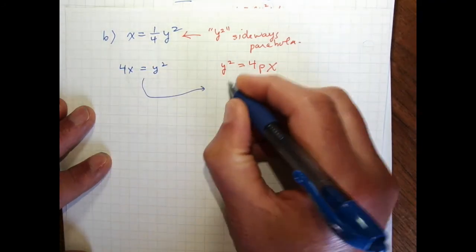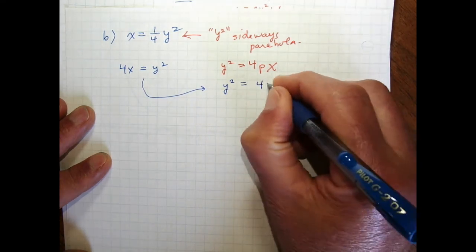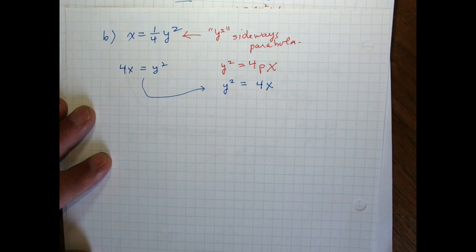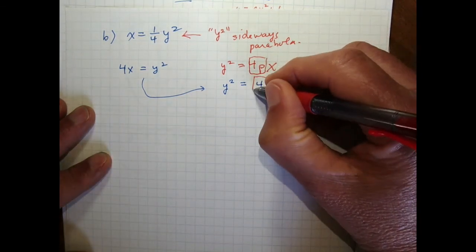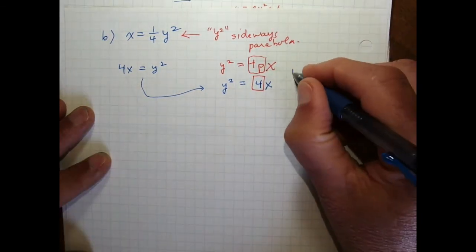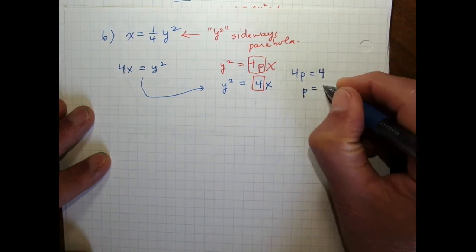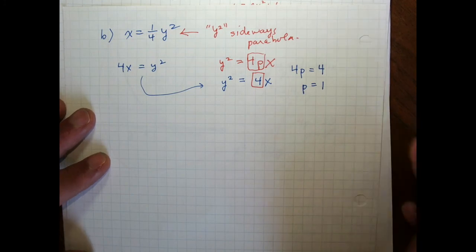And so I can rewrite that with y squared on the left equals 4x. And I'm going to equate the coefficients of x. So I know in this situation 4p must equal 4. So p has to equal 1.